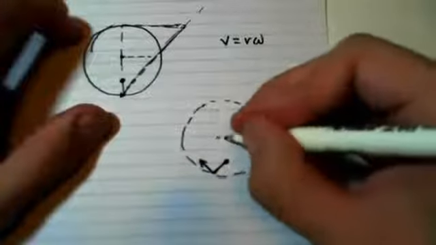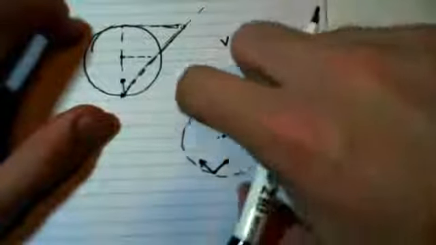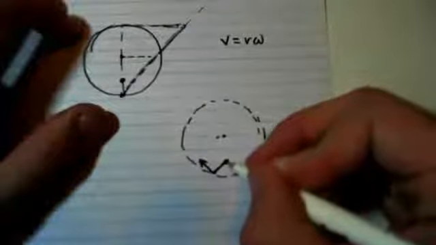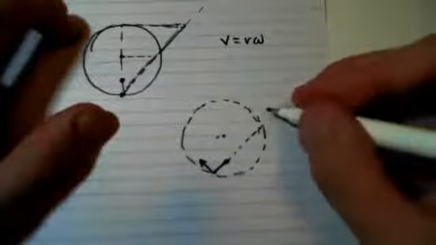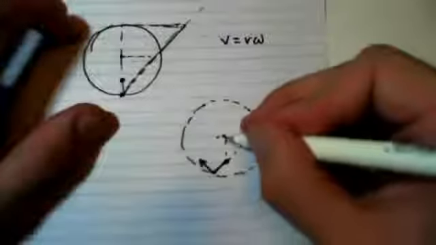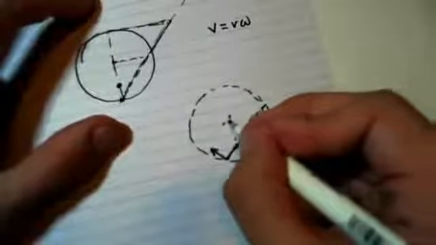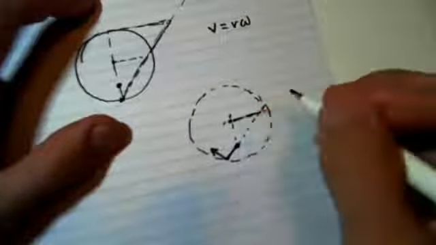So say the center of mass is traveling like so, in a clockwise direction, such that if we look at the center of mass, the velocity will be like so.